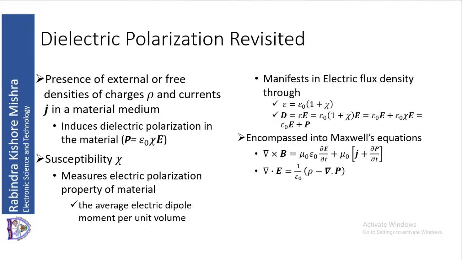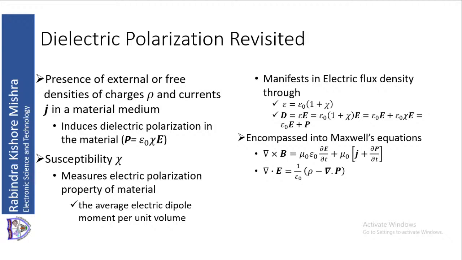Similarly, divergence of D is equal to rho. Since D is equal to epsilon 0 E plus P, therefore divergence of epsilon 0 E plus P is equal to rho.